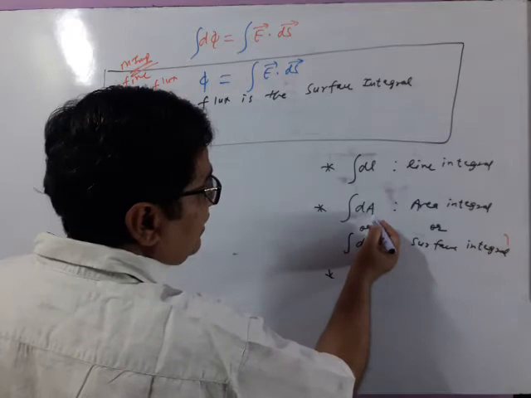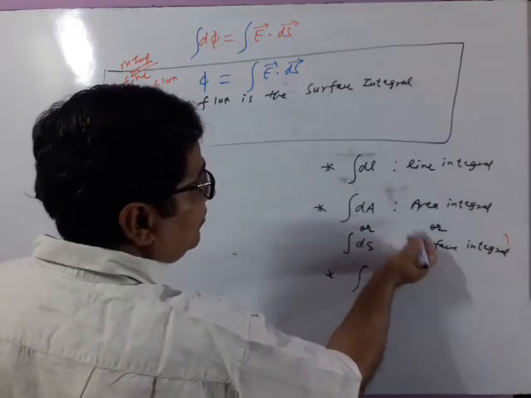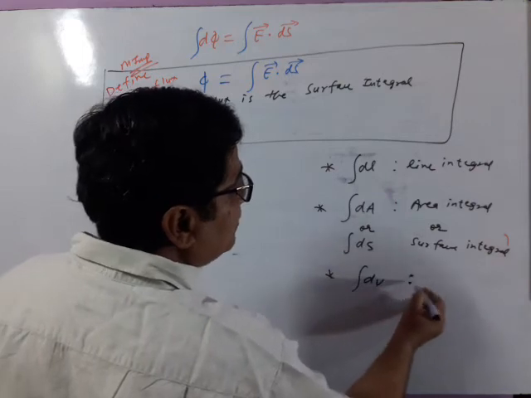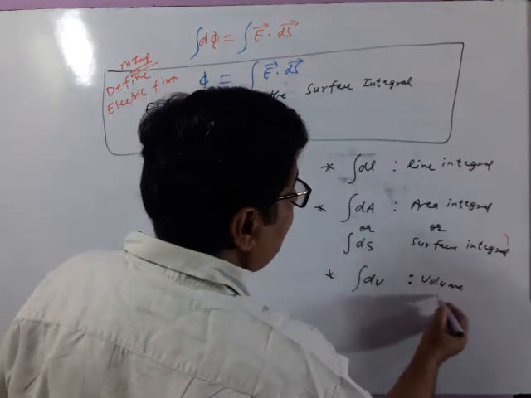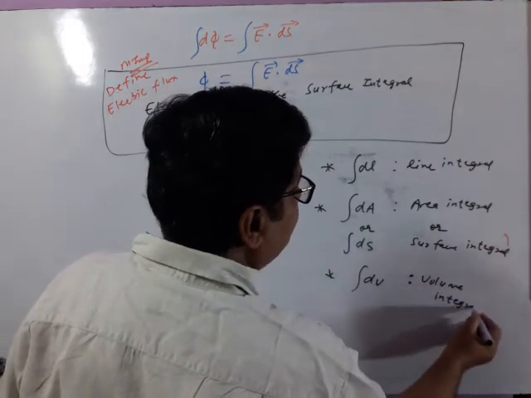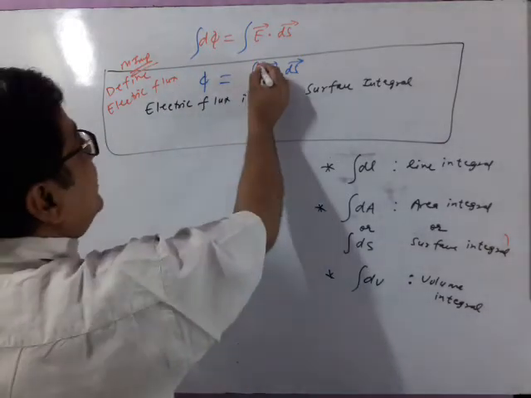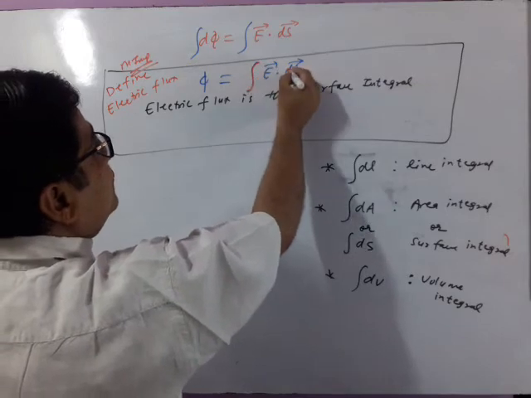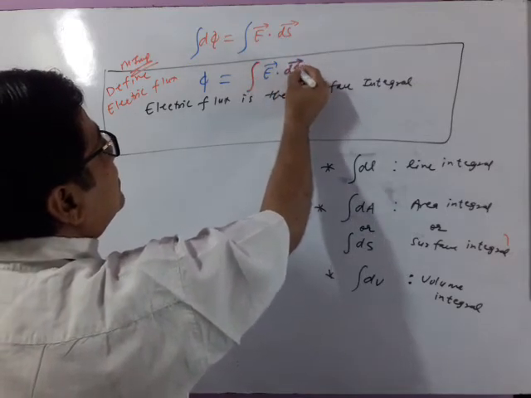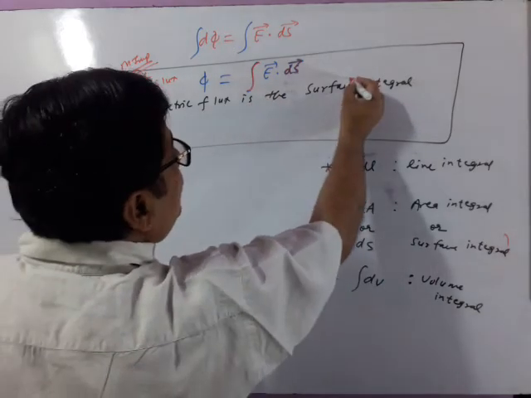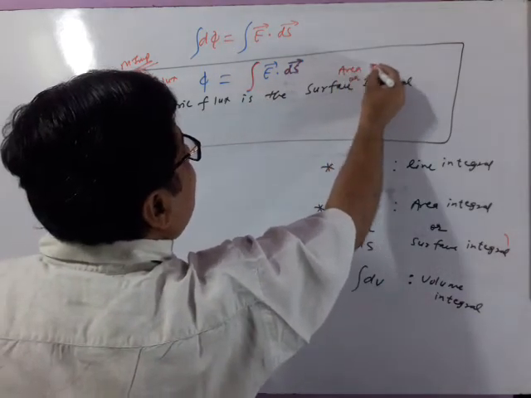When you take a small area, then area integral. When you take a small length, line integral. And when you take a small volume, then it is a volume integral. Since here it is written integration of dS vector, we say surface integral, or you may say area integral.